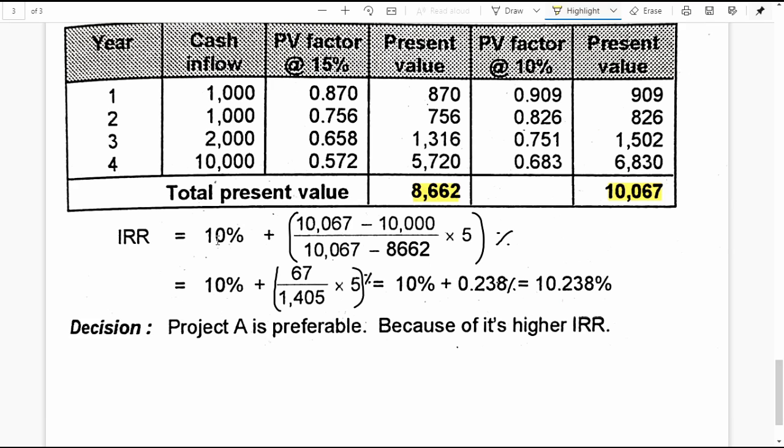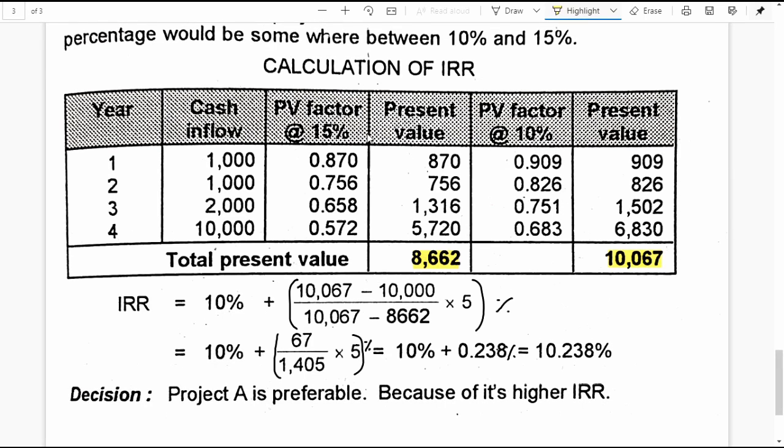10%, which is the lower percent among the two rates we tried for project B, that are 10% and 15%. So we have written the lesser percent 10% plus the total present value of cash inflows at 10%, which is 10,067, minus our target value, which is nothing but the investment value, divided by the total present value of cash inflows at 10% minus the total present value of cash inflows at 15%, 8,662, into the difference between the two rates 10% and 15%.